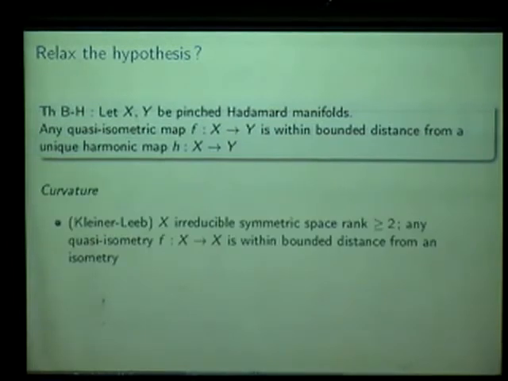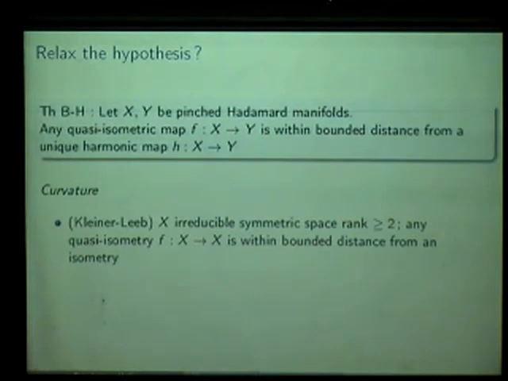An instance where this works is a theorem by Kleiner and Leeb, which states that when X is an irreducible symmetric space with rank at least 2, any quasi-isometric map from X to X is within bounded distance from an isometry, which is again a special case of a harmonic map.